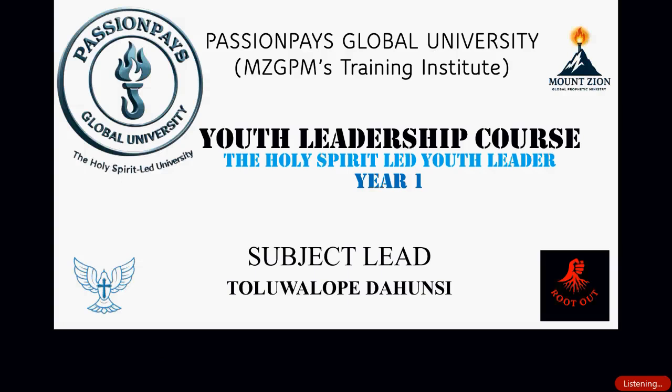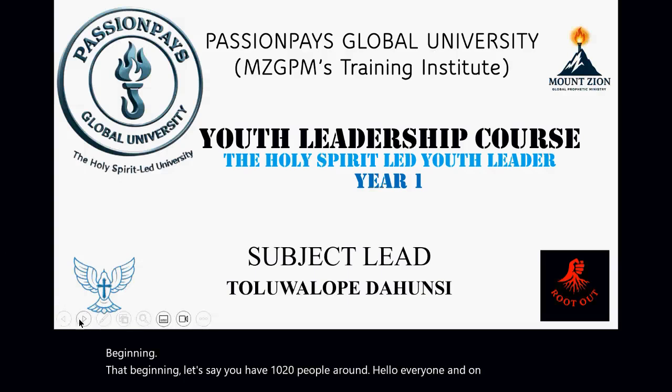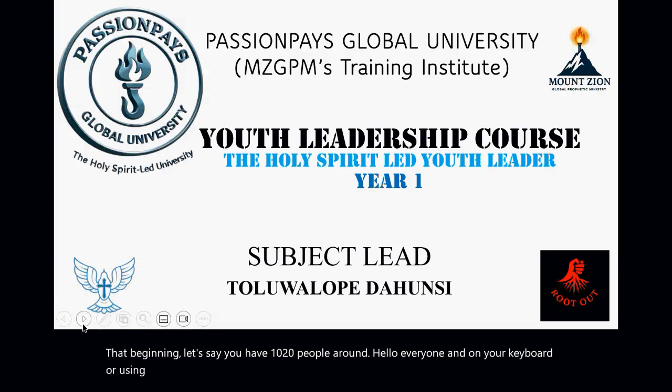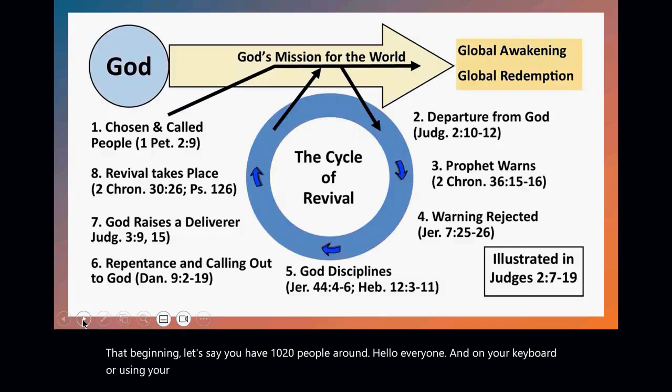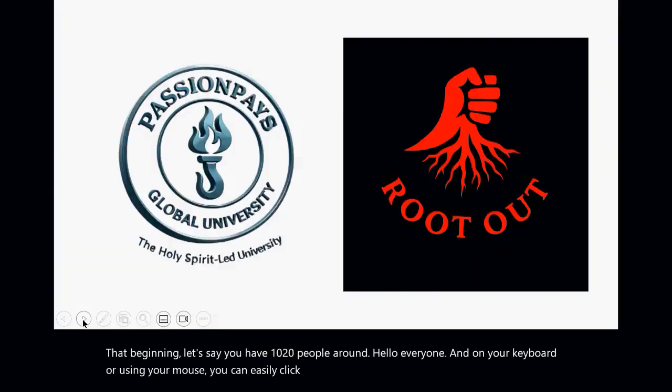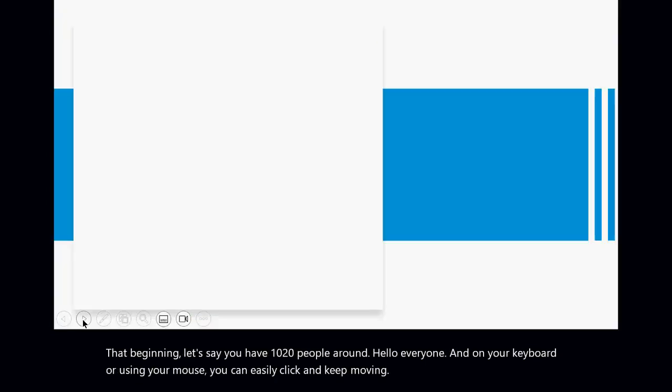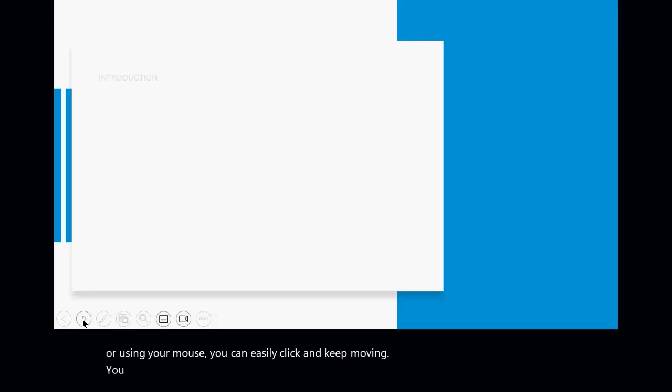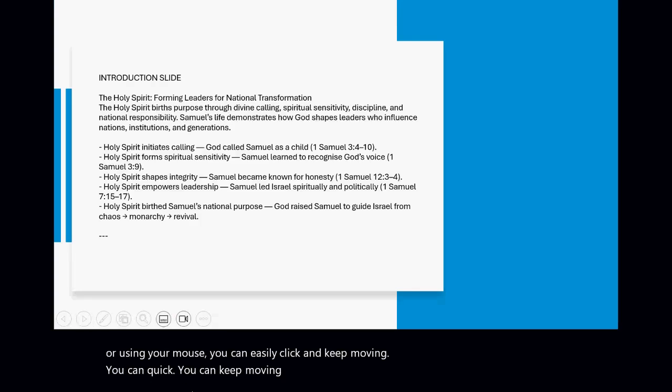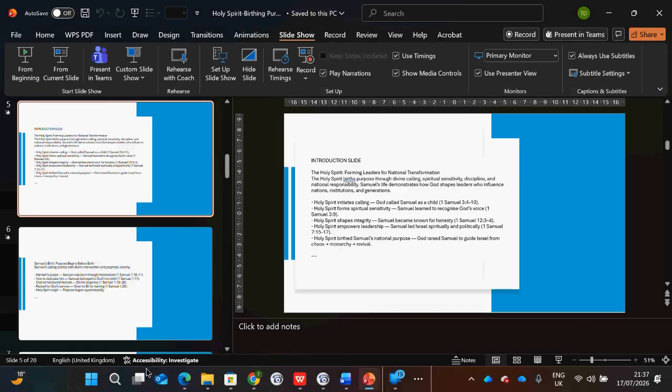And then from that beginning, let's say you have 10-20 people around. Hello everyone. And on your keyboard or using your mouse, you can easily click and keep moving. Okay, so that is in a nutshell what we are looking at.